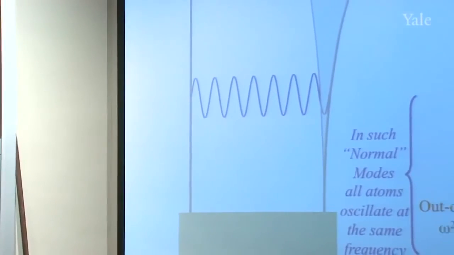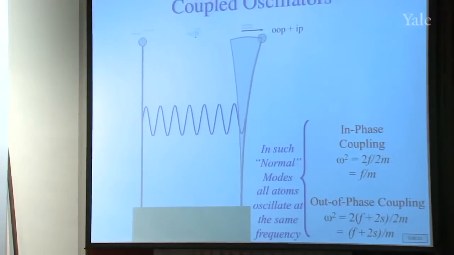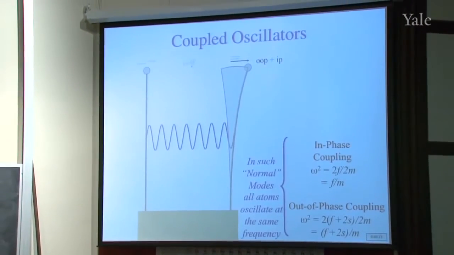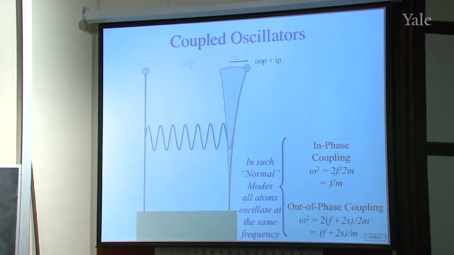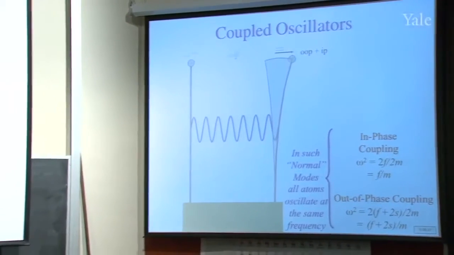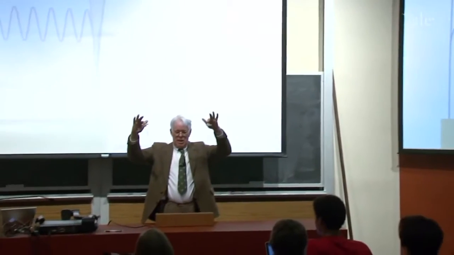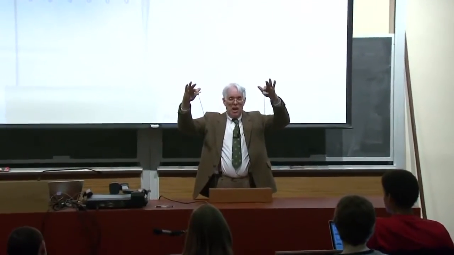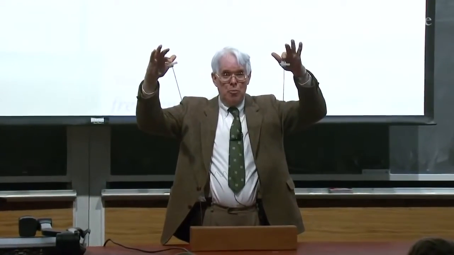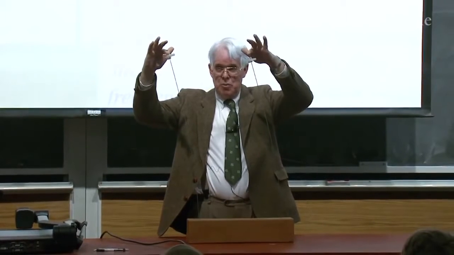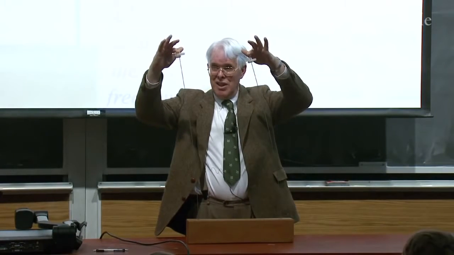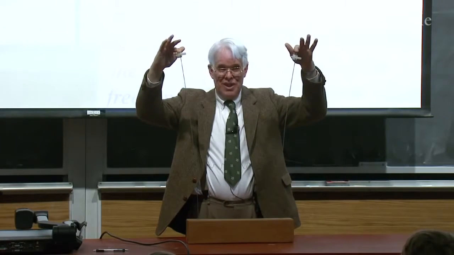Now notice that if I added those two displacements, those two vibration patterns, together, I would get something where one moved and the other didn't. So I could do that. And what I'm saying is that that is the sum of the in-phase motion and the out-of-phase motion.